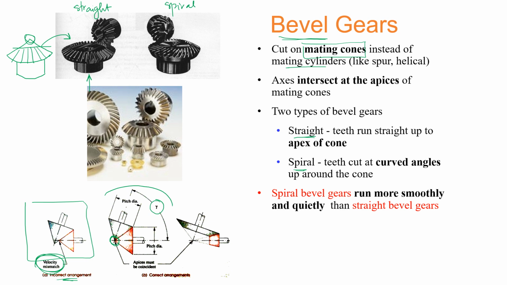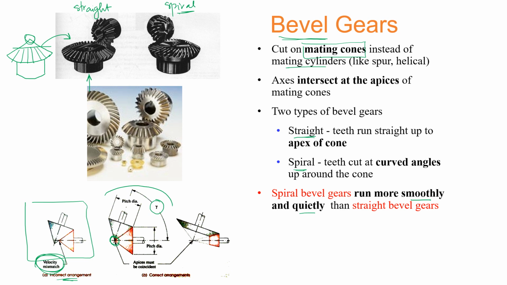And obviously the machining process is going to be significantly different from each other. And obviously for spiral, as the shape suggests, the machining is going to have much more stringent conditions associated with it. Now, as you have just seen, spiral bevel gears are going to run much more smoothly and quietly as compared to straight, but this is in addition to the previous advantages: that you can transmit force from one axis to the other axis, with a selectable gamma, or the angle between the two axes, as the biggest advantage.